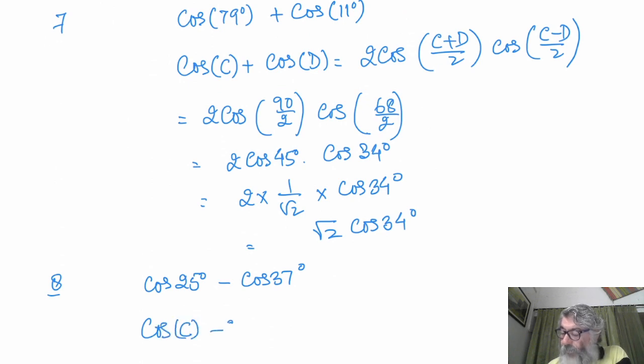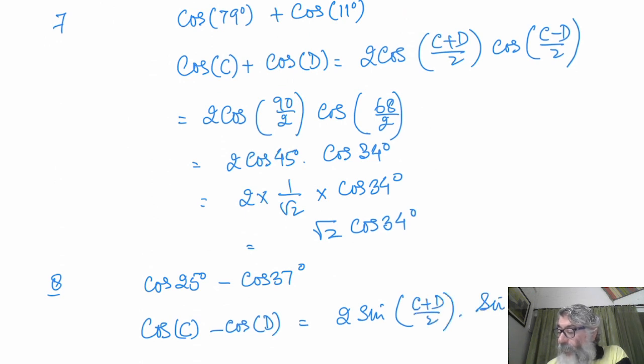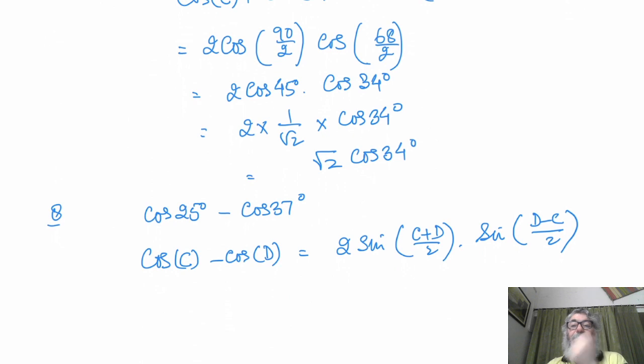Cos C minus cos D is 2 sine (C plus D upon 2) and sine (D minus C upon 2). The last term is very important to notice. Only in this case, cos C minus cos D, the last term is, instead of C minus D by 2, it is D minus C upon 2.